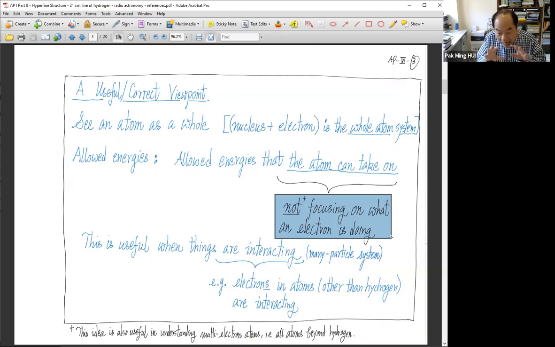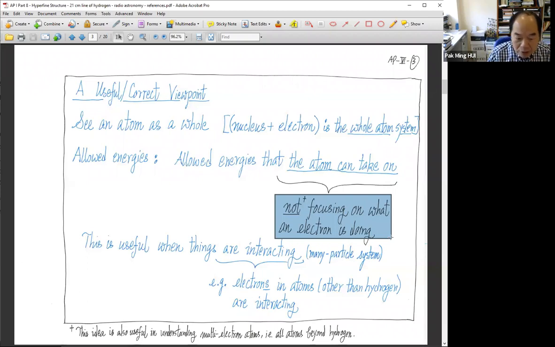Okay, that is already a very deep description, a lot of approximation behind it. An easier way to think about a multi-particle system is just this whole thing as a system. What are the allowed energies? And you have the Schrodinger equation to solve for it, right?